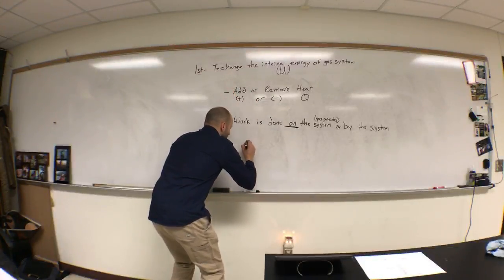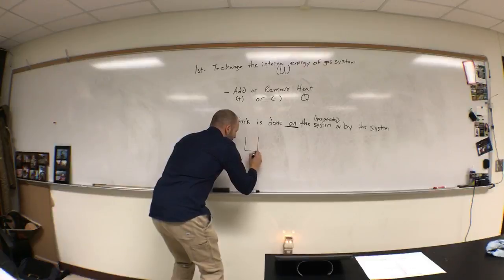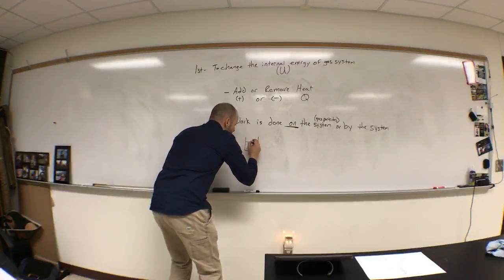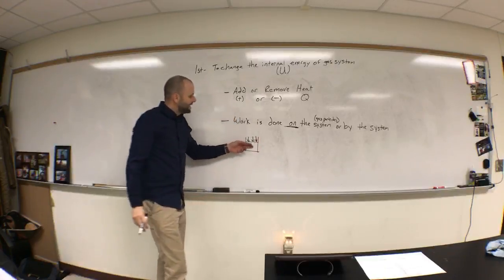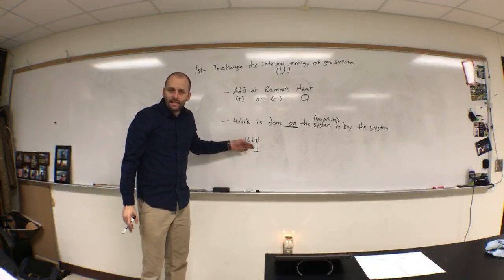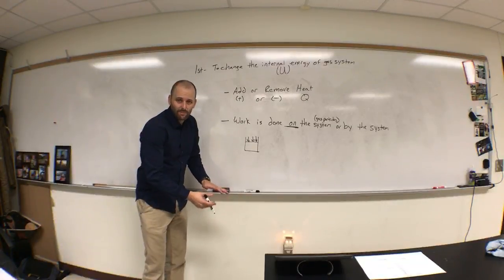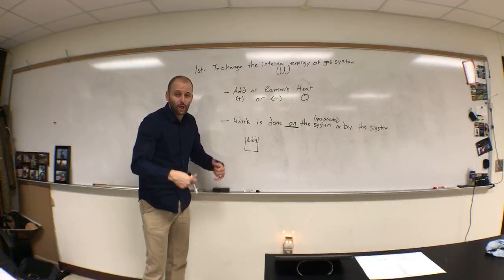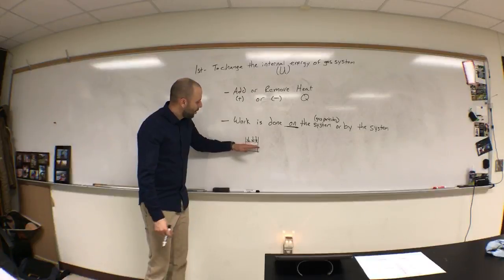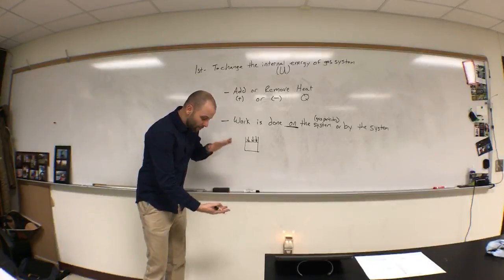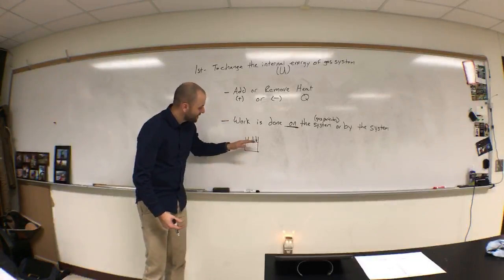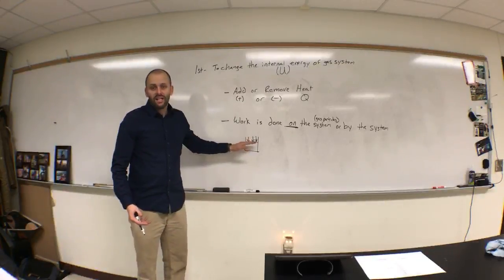So say I had a cylinder and a piston, and I was pushing down on the piston. If we didn't add any heat or take any heat away, because we're decreasing the volume, the pressure and temperature would increase. So we're closing the volume in, making it get closer, so the temperature, the internal energy, would increase.